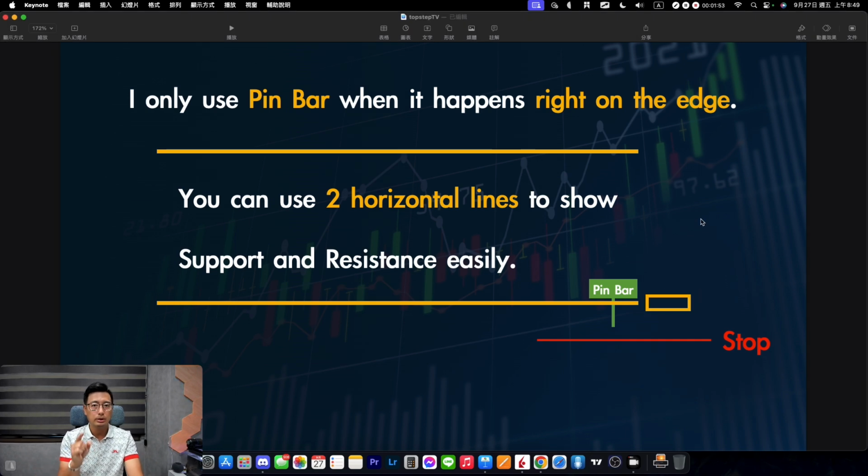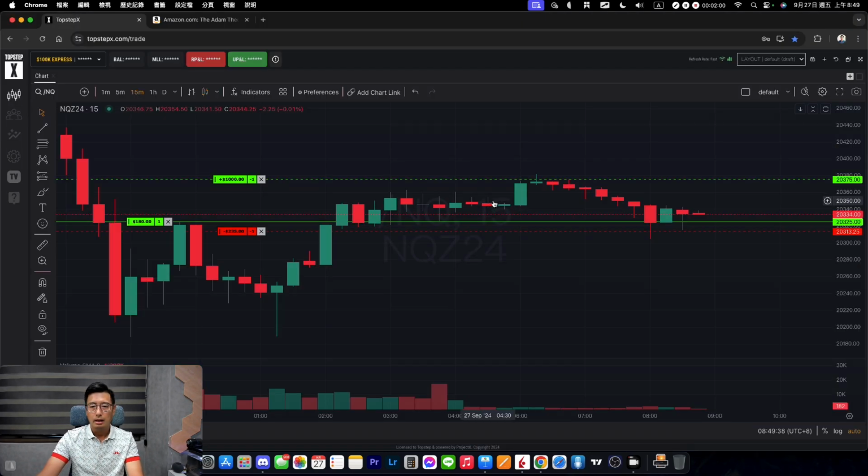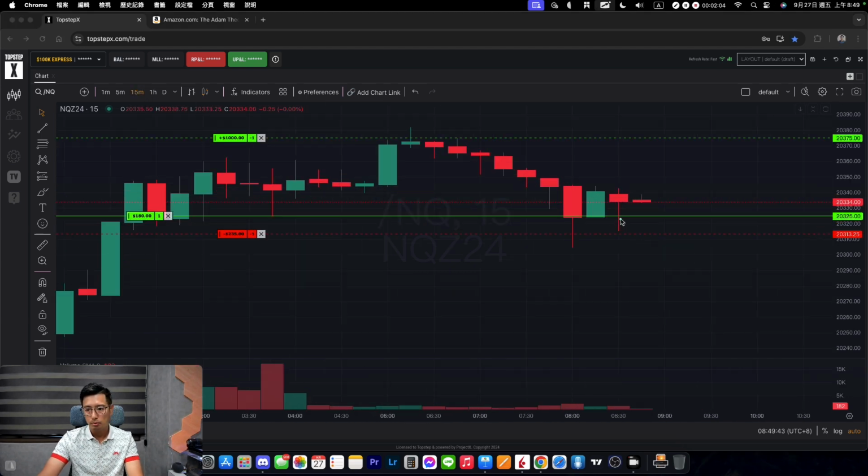I'm gonna use a live real-time market to demonstrate that. I have placed my Nasdaq long position over here. As you can see, this is my trade at 23.25, right next to this one.